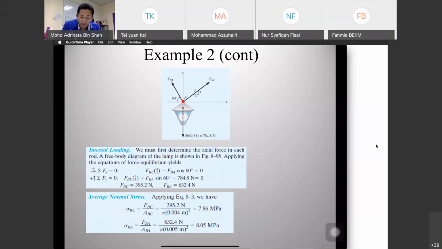So this is your static, FBC, FBA, and this is weight. Sigma Fx equals 0, sigma Fy equals 0.